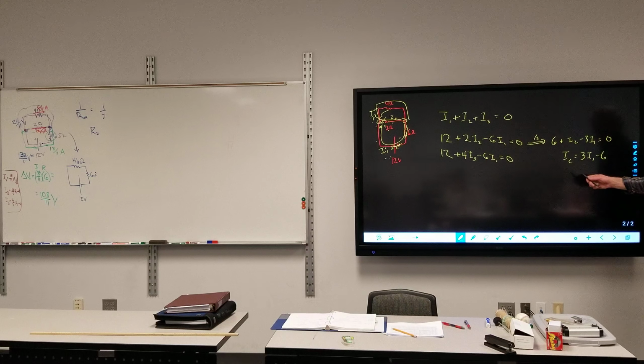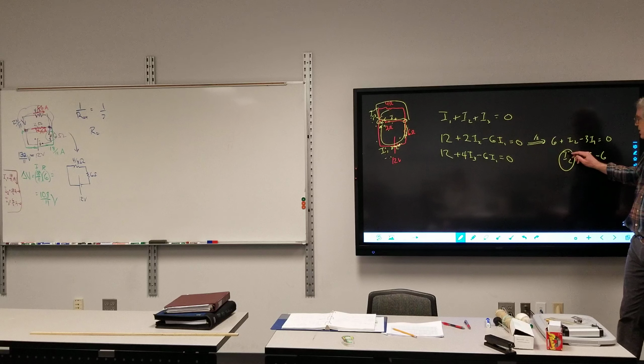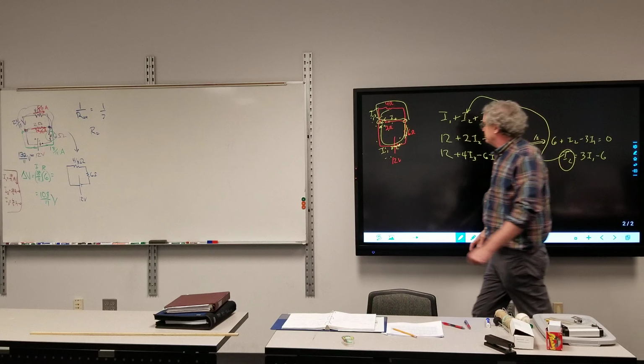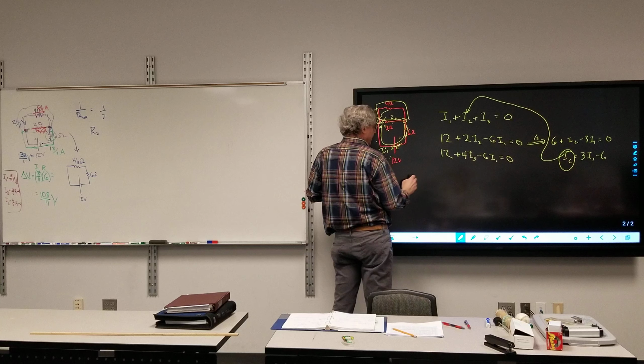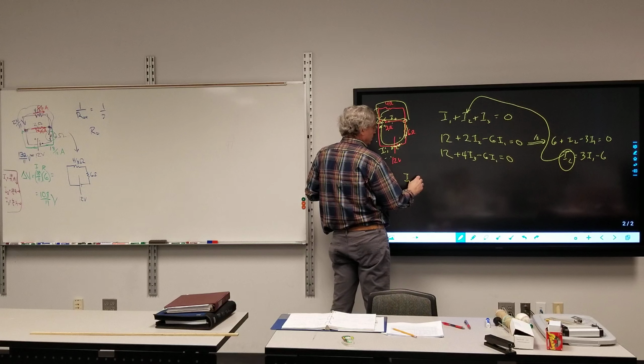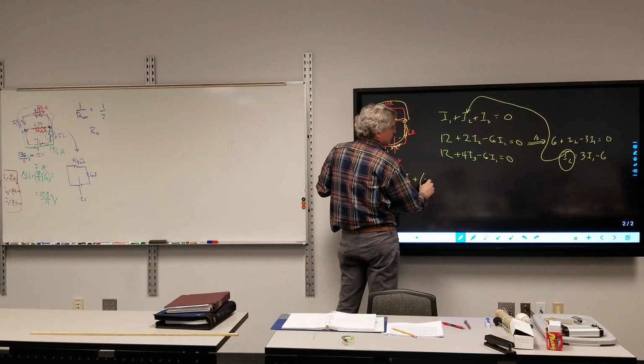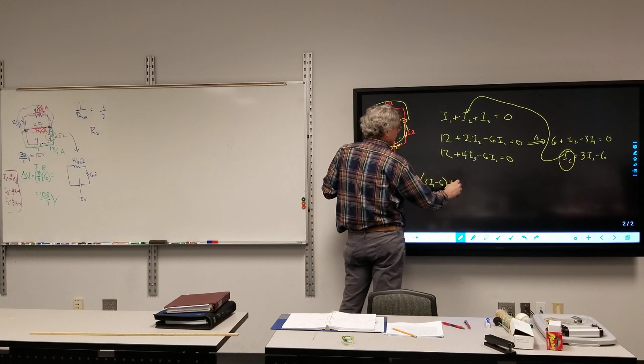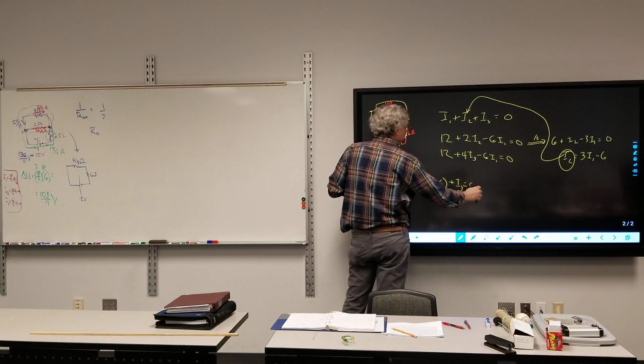Now that I have I2, I can plug that into here. So if I do that, I get I1 plus 3I1 minus 6 plus I3 equals 0.